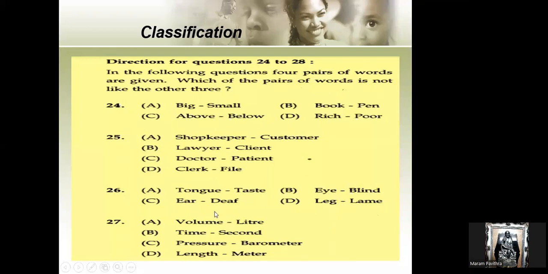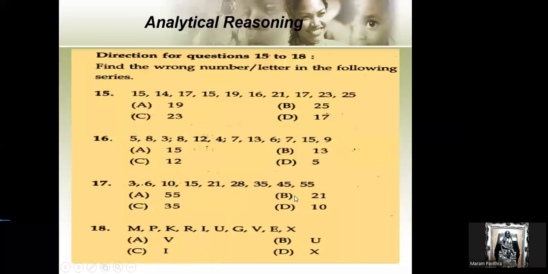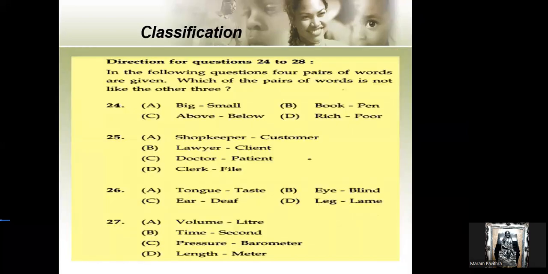Tongue, taste, ear, deaf, eye, blind, leg, lame. Here see, the disease comes: eye and blind, ear and deaf. It's a disease, but tongue and taste is not a relation like that. Like you have volume, liter.